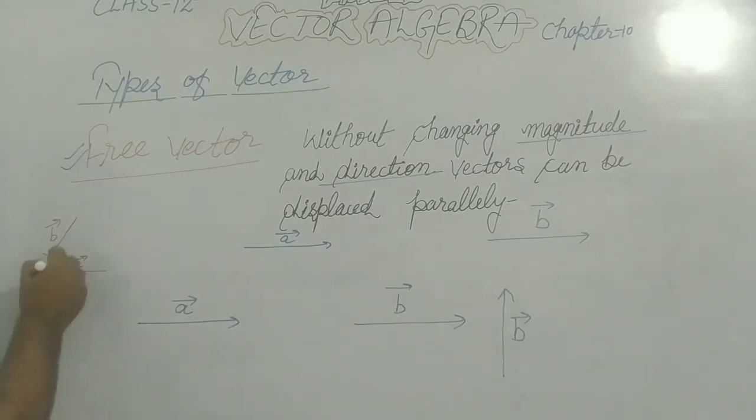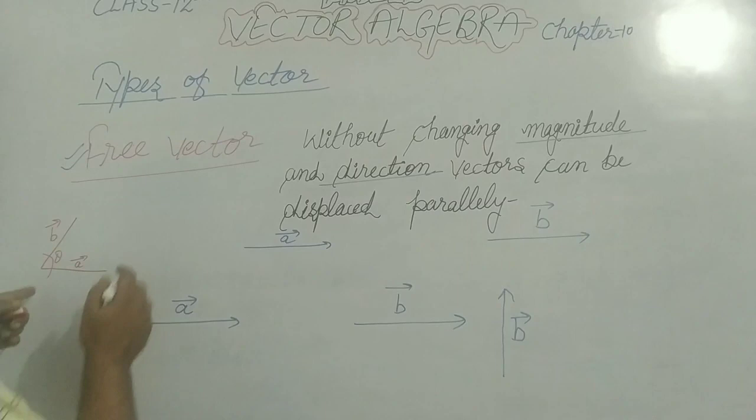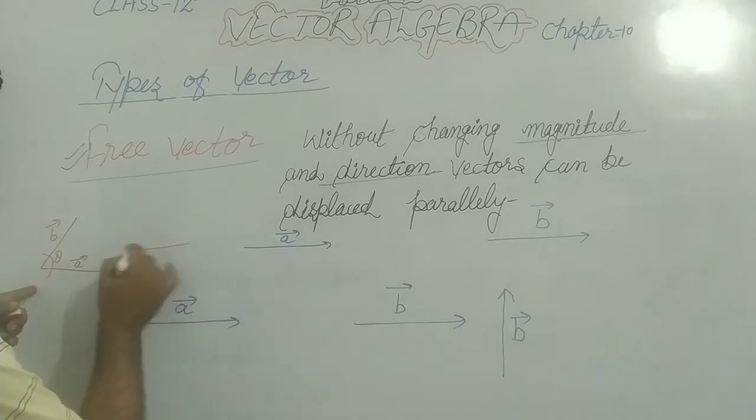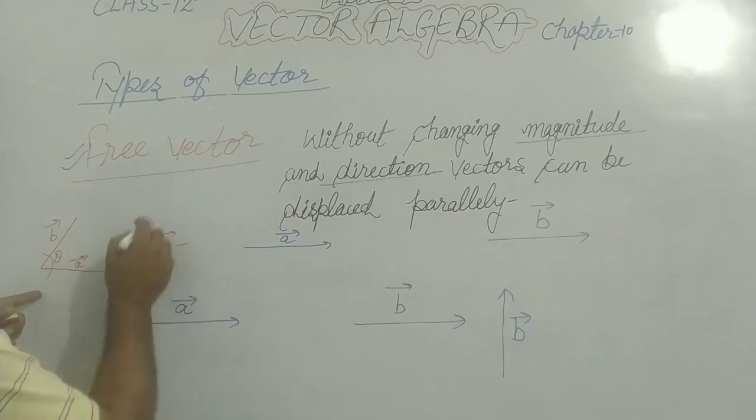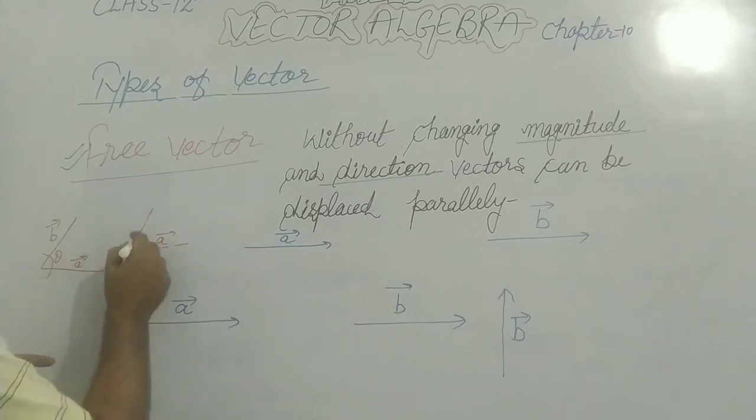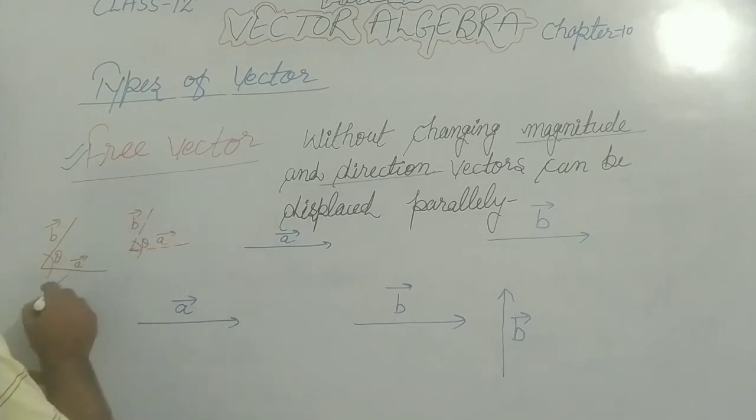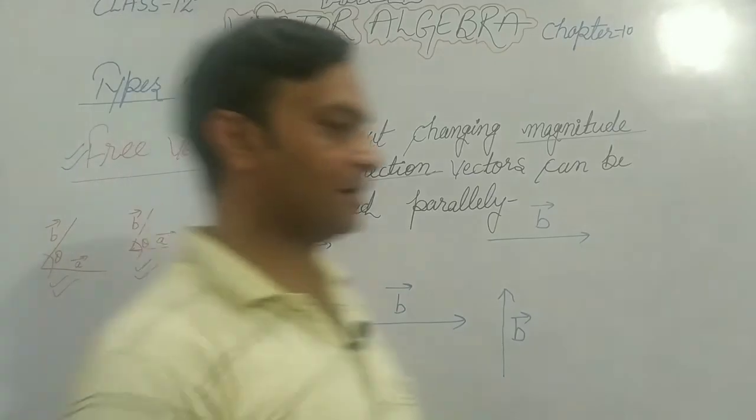If we displace both the vectors parallelly, such that this is A vector and this is B vector with theta angle between them, both the vectors are free vectors, isn't it? So this is the concept of free vector.